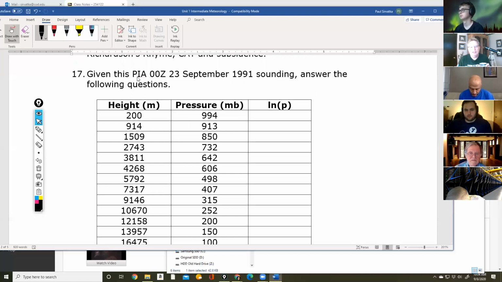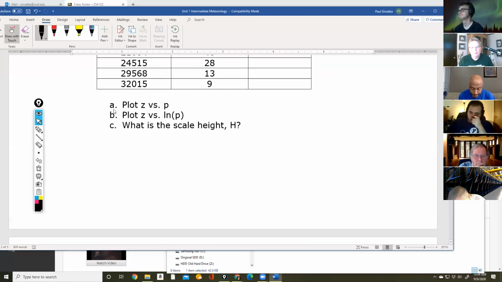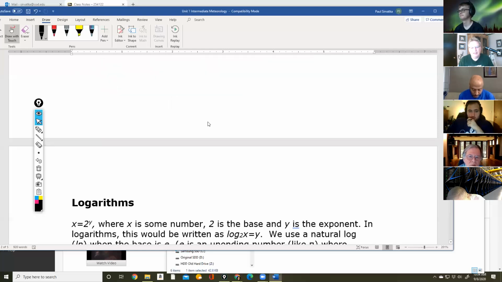This was Peoria when they used to have the radiosonde. But now it's in Lincoln, but they used to be in Peoria. 23rd of September, 1991. And all I'm asking you to do is to calculate the log of the pressure. And you can use millibars, the natural log of the pressure. And then you plot them out. And then you determine what the scale height is, okay?